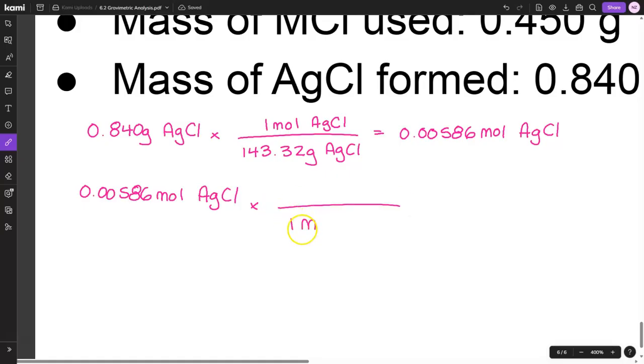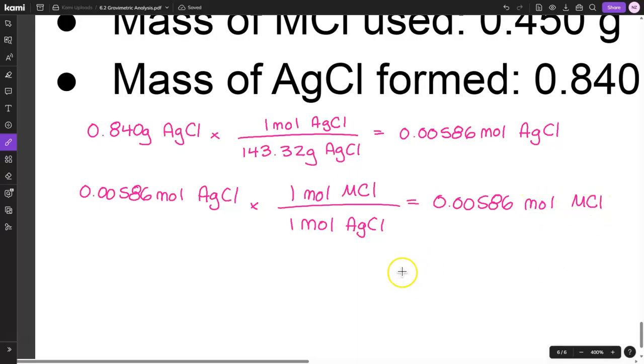For every 1 mole of silver chloride, we had 1 mole of our metal chloride. And that is 0.00586. Again, it's not always 1-to-1. In these 2 examples that I did, it is, but it's not always.